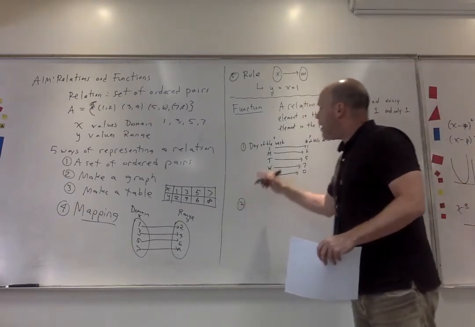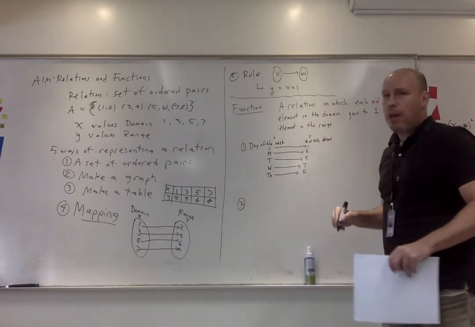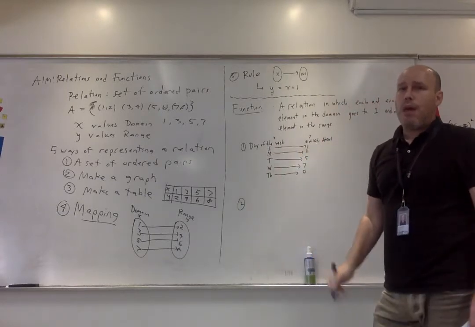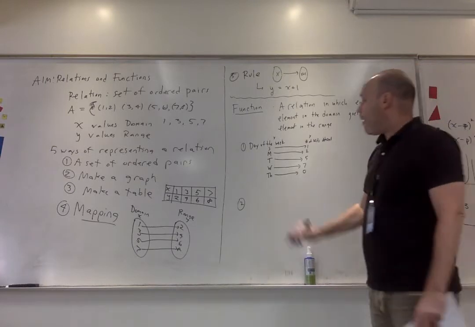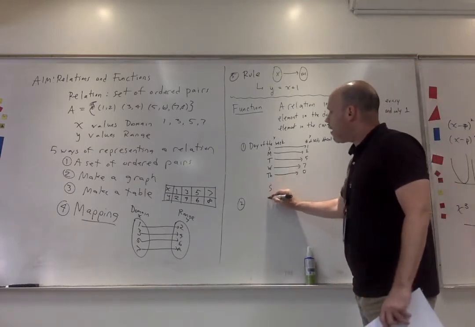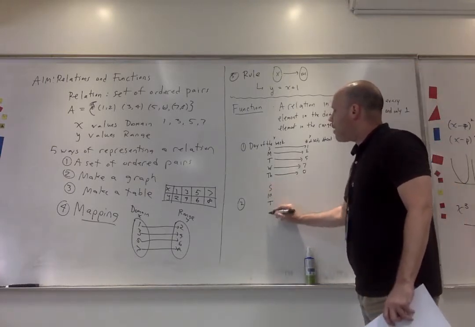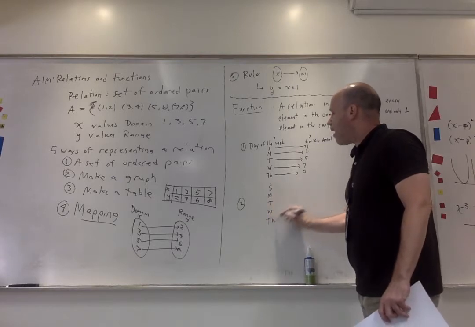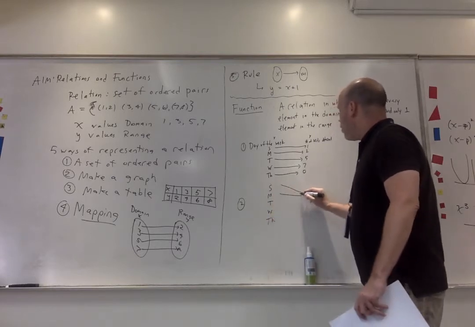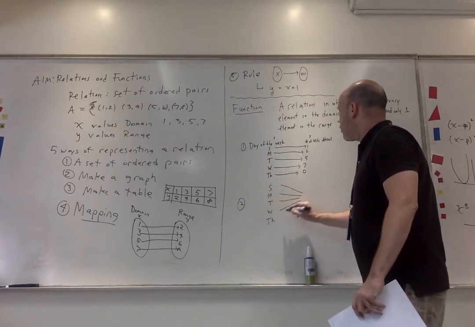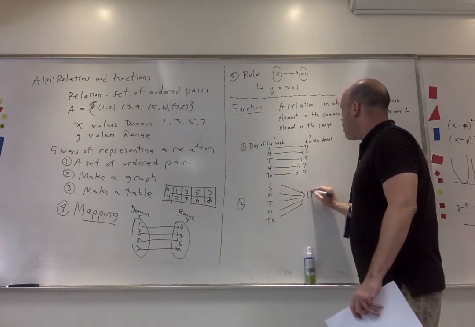How about this next example? Same idea, days of the week and kids absent, but every single day there was no kids absent. So it would look something like this: Sunday, Monday, Tuesday, Wednesday, Thursday, and they all go to 0.